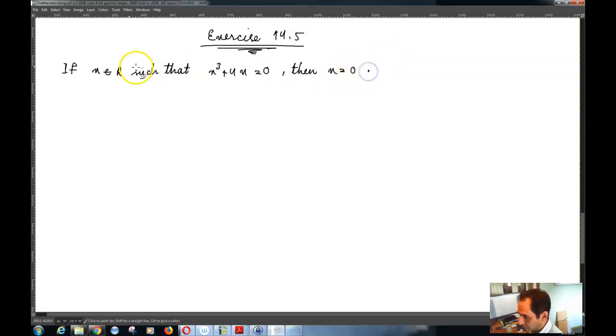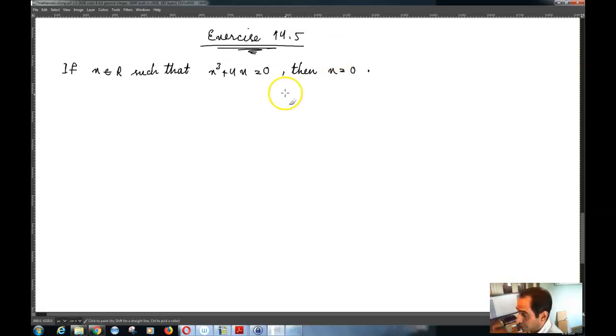So this is the statement that I have. If x belongs to the set of real numbers such that x satisfies this equation, then x is equal to 0.